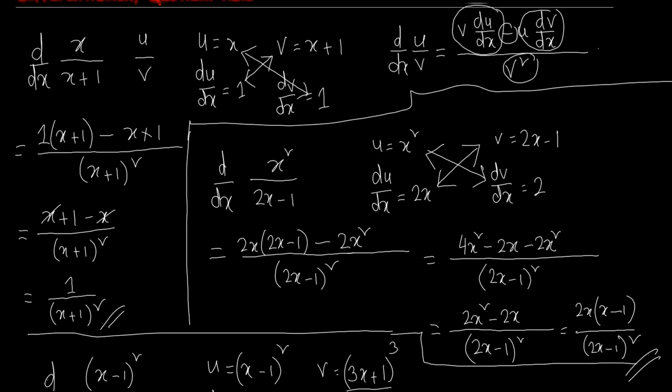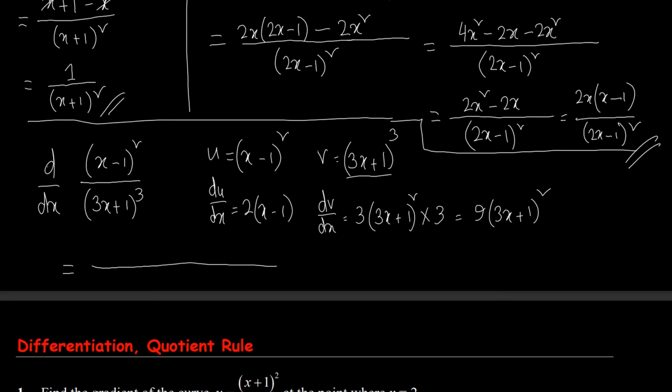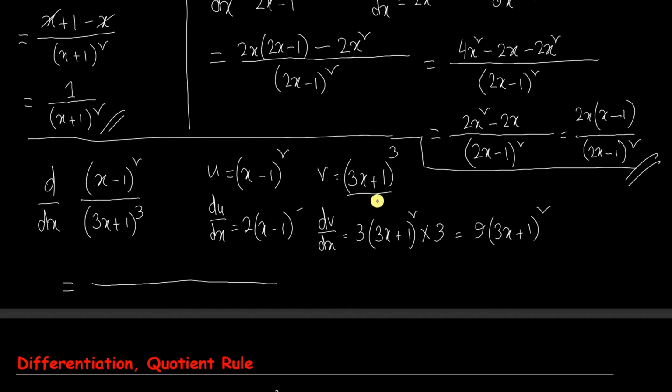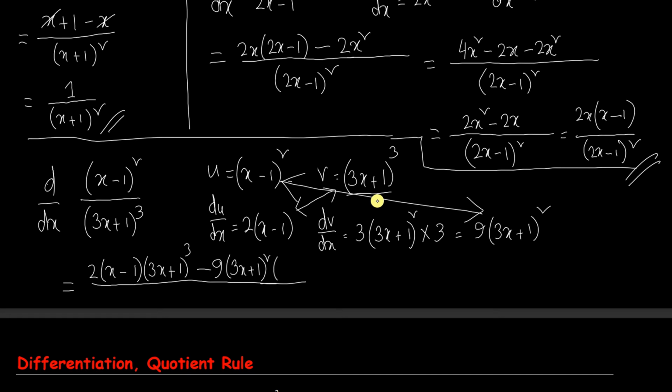So we need to multiply these two first, which is 2 into (x minus 1), then (3x plus 1) to the power 3, then minus, we need to multiply these two, which is 9 into (3x plus 1) whole squared, and the other part we write (x minus 1) whole squared.